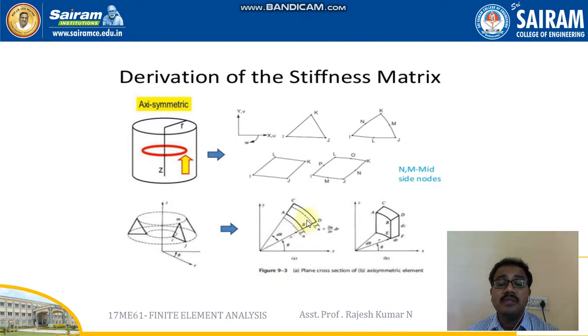For this projection line, for the AB line I'll go with u, and for the CD line it is u plus dou u by dou r into dou r. This is a small thing we have already discussed many times: a small angle, the projections of that, and how the deflection should be defined. All those things we discussed multiple times when we derived the derivations in the previous chapters.